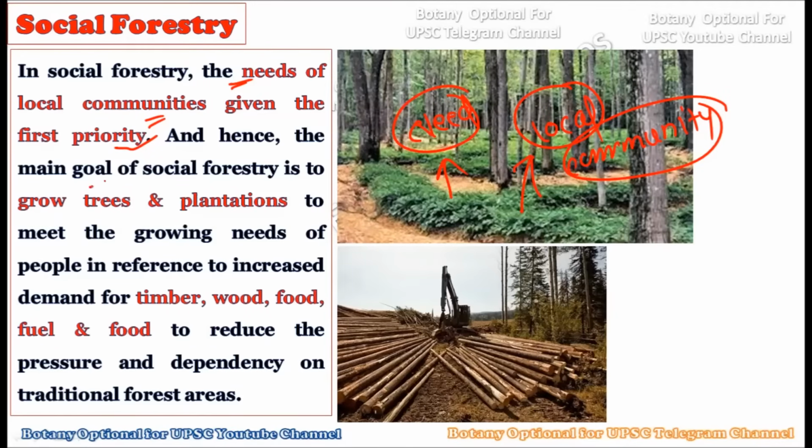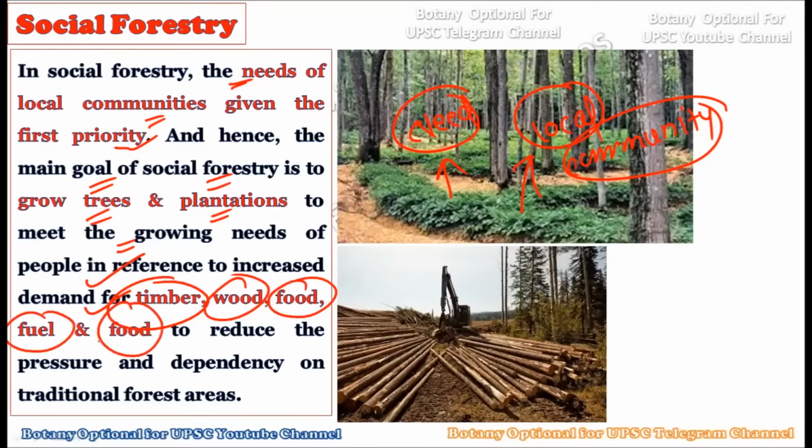And hence the main goal of forestry here is to grow trees and plantations to meet the growing needs of the people, in reference to the increased demand for timber, wood, food and fuel, and to reduce the pressure and dependency on traditional forest areas. So basically, for example, this is a large area, and in this portion there is a natural forest, and all the people are living nearby.